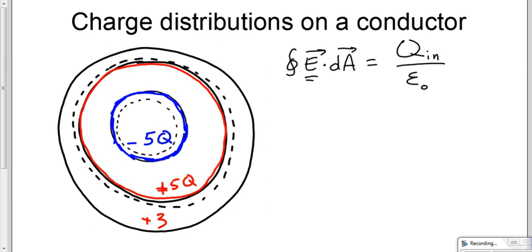So that explains where some of the charge is. And you're going to say, well, wait a minute, how did we put positive 5Q on an inner surface when we only had positive 3Q as a net charge to begin with? What that tells us is we must have sent 2Q's worth of negative charge away from that inner surface to make a total of 5.